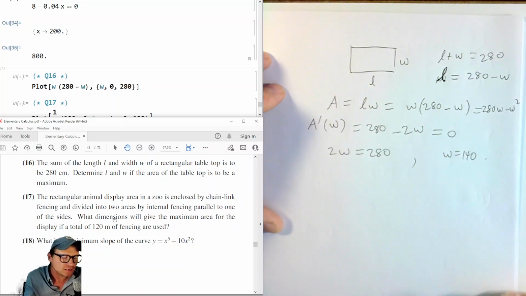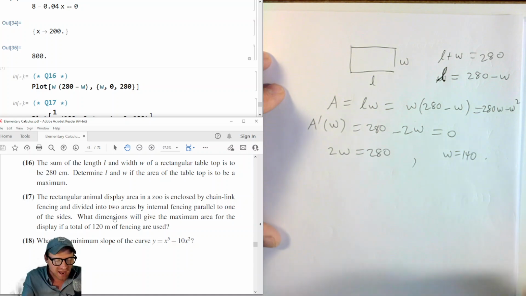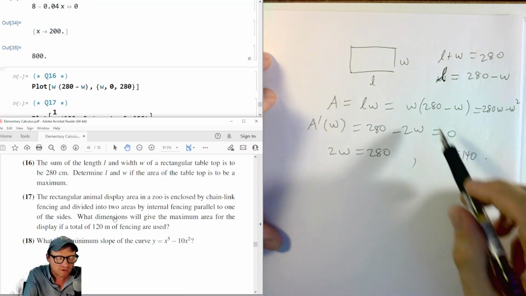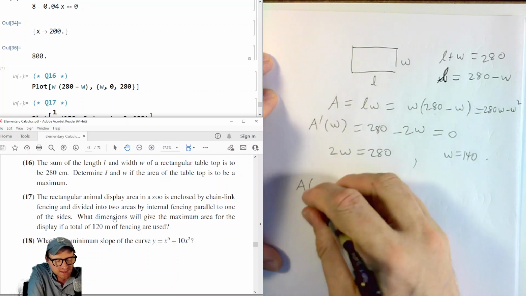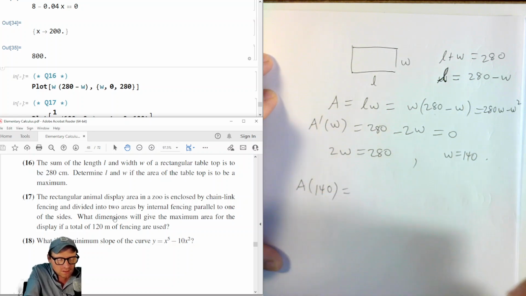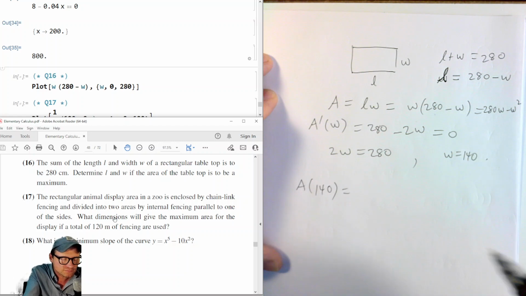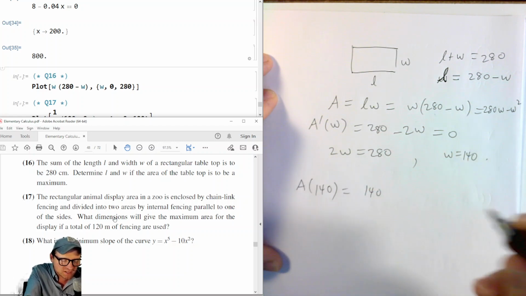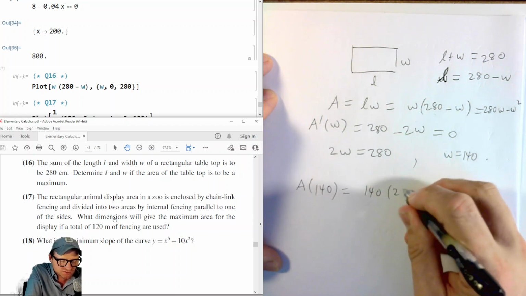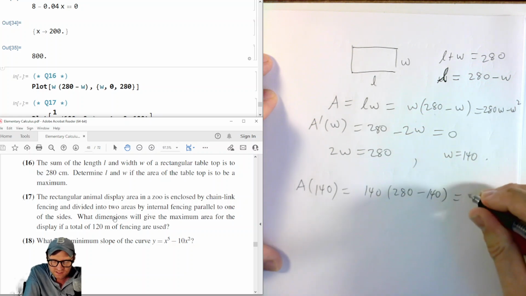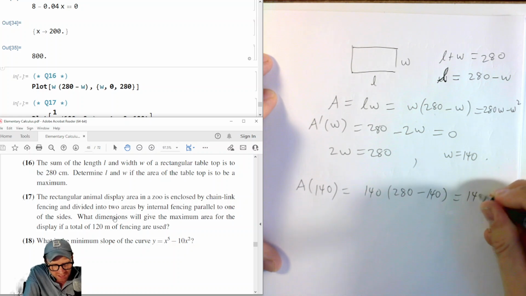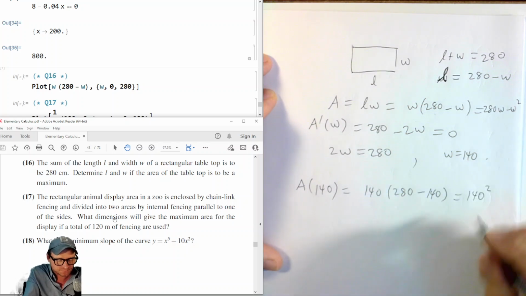In the area function, now, what is the maximum area? I take that 140 and sub it into the expression for A, and we have 140 multiplied by 280 minus 140. And so we have 140 squared.